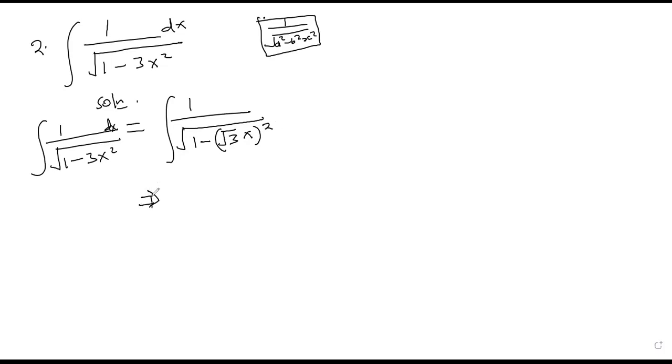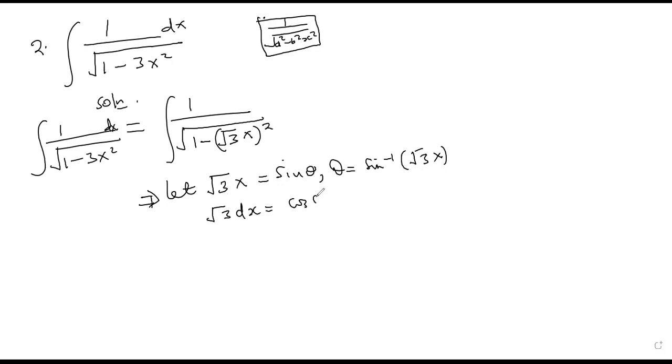So I just say let what is inside the square, that is root 3x, let root 3x be equal to sine theta. If that is the case, it means that theta is the same as sine inverse of root 3x. Then when you differentiate either side, you'll get root 3 dx is equal to cos theta d theta. So dx itself is the same as cos theta d theta out of root 3.